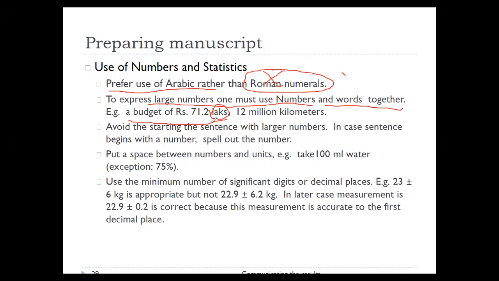Otherwise, if you keep on writing 71 lakh 20,000, then we will have to write firstly how many zeros are there. Then you will see where there are this many zeros, so this number is 71 lakh. So you will understand the number.